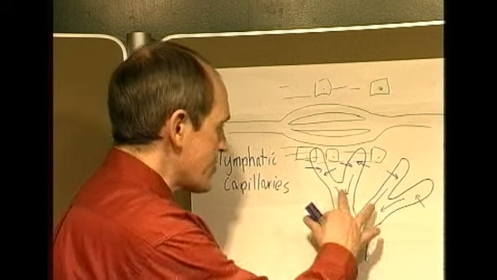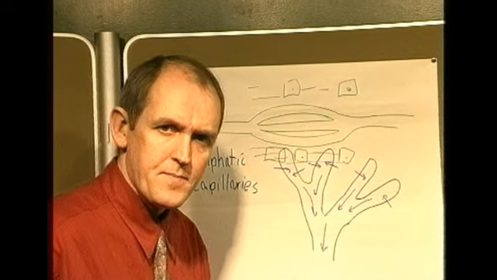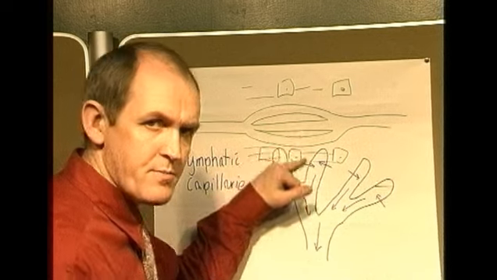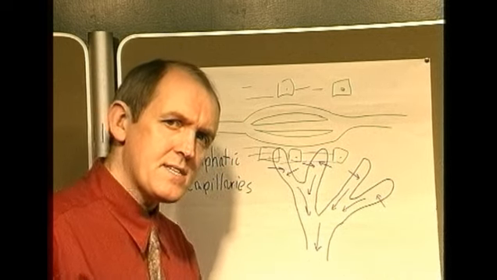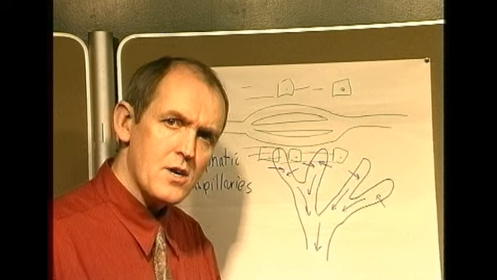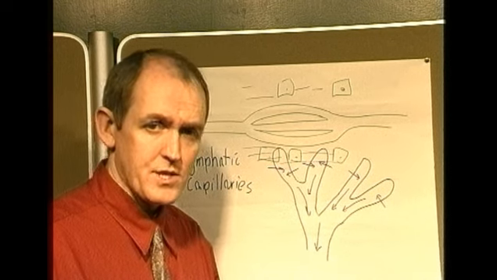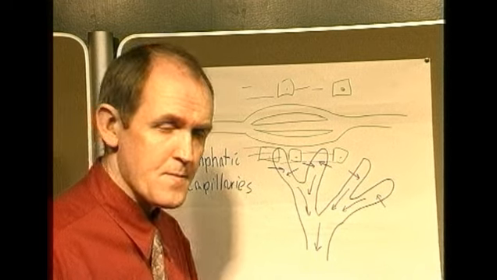Now, it's true that these lymphatic capillaries do drain some tissue fluid. But as well as that, there's some loss of proteins from the capillaries, larger molecules. And the lymphatics are vital to drain those larger molecules. Because if large protein molecules are left in the interstitial fluid, that would increase the osmotic pressure of the interstitial fluid, of the tissue fluid.